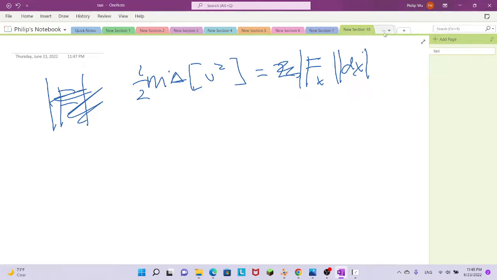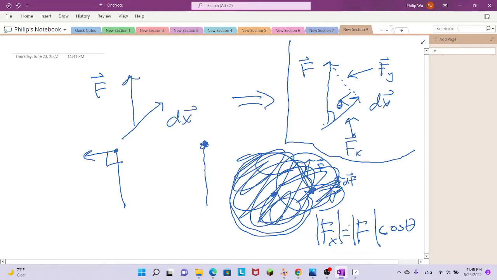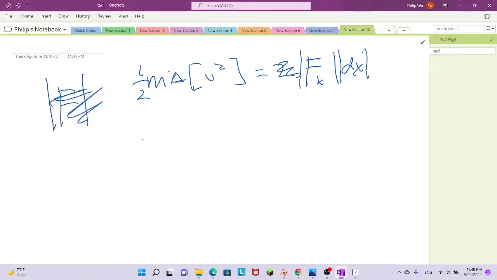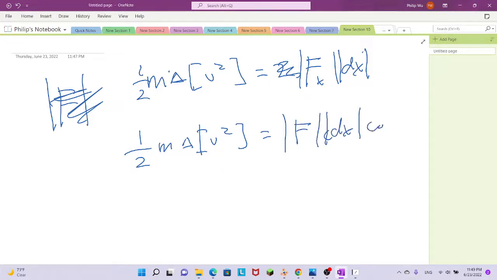And keeping in mind this equation and our newly defined angle around this point, we get this. And you should recognize what this is.